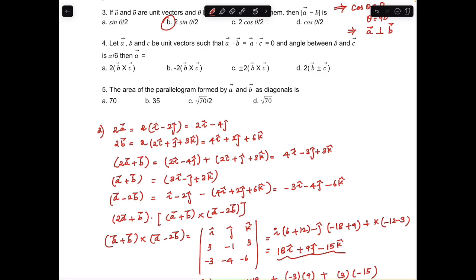Question number 4. Let A vector, B vector and C vector be unit vectors such that A dot B is equal to A dot C is equal to 0 and the angle between B and C is equal to pi by 6.